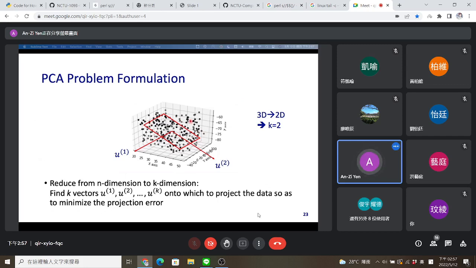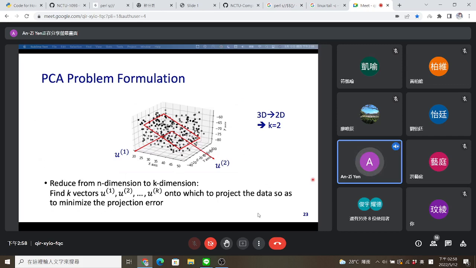We are going to find a set of vectors u1 and u2 to represent this surface, or if you want to find a k-dimensional surface, then up to uk.